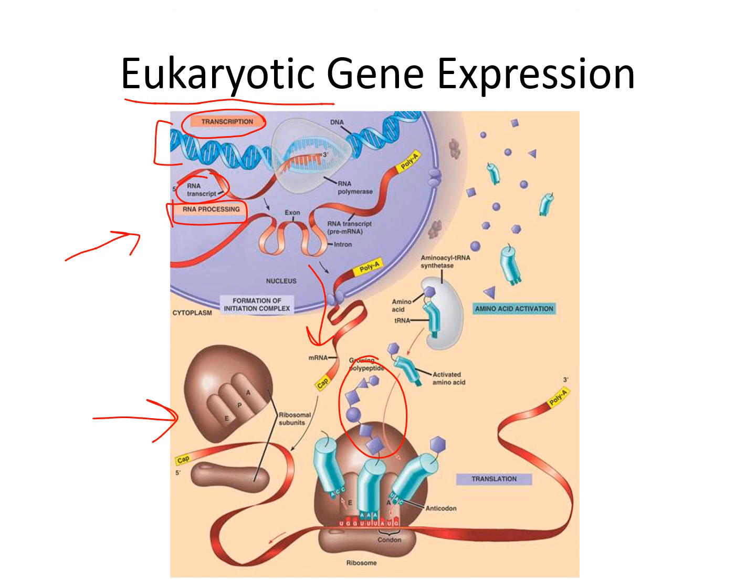So that's where the exons are spliced out, and the RNA is further processed with adding a poly A tail and a cap at the front end. So this process can take kind of a long time. Transcription is occurring in the nucleus. The RNA has to be processed. It has to be transported out, come in contact with the ribosome, and then translation can take place.